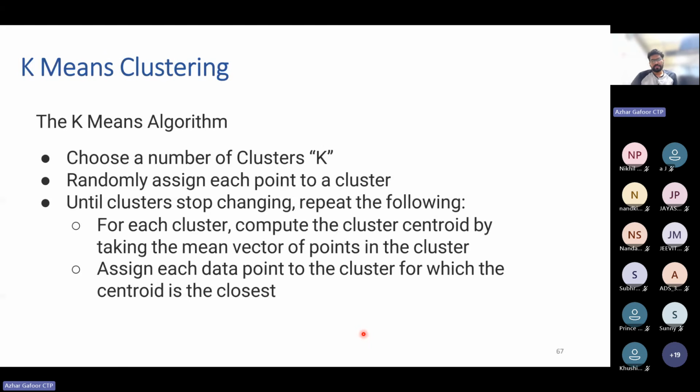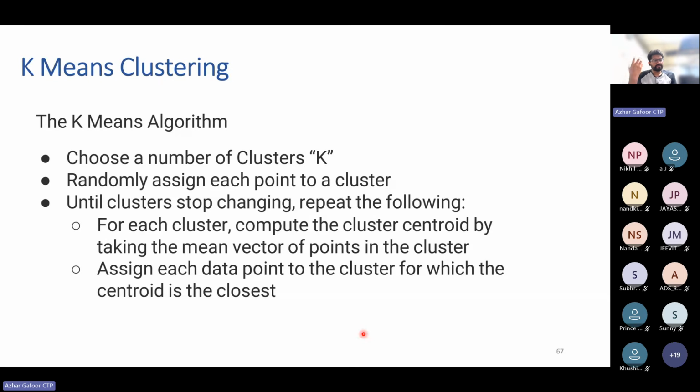Then we randomly assign each point to a group. So this is the algorithm. Each point will be assigned to one of the clusters. Then we'll calculate the distance between all the points and the clusters. We have techniques to do that.